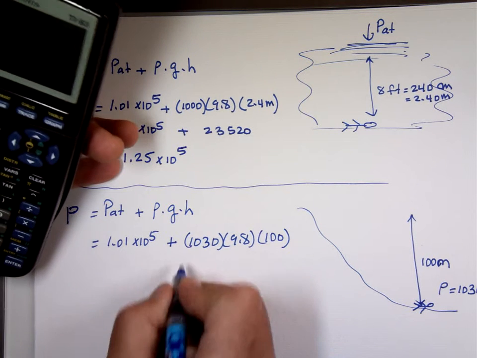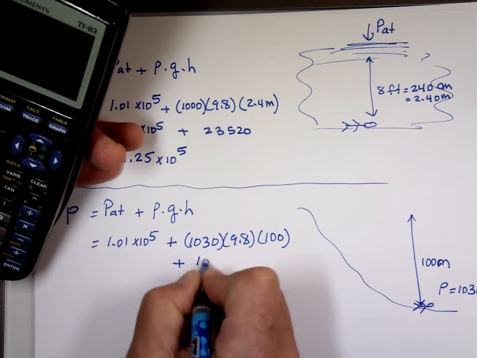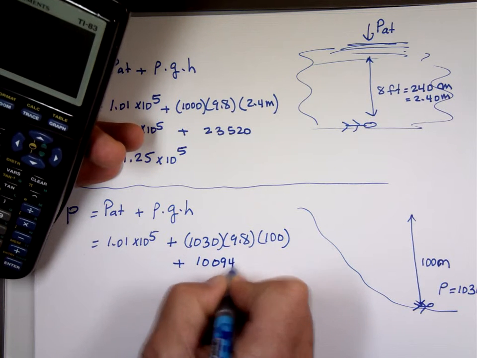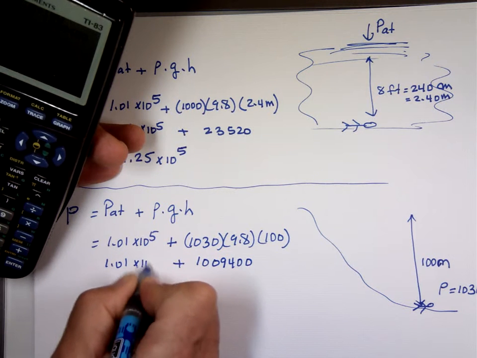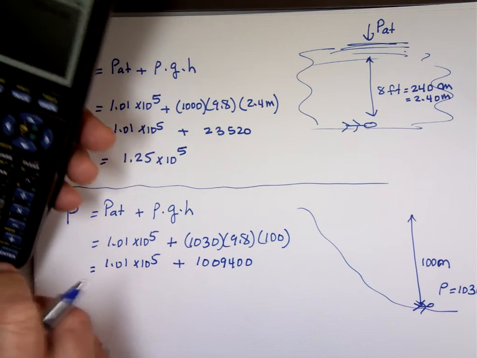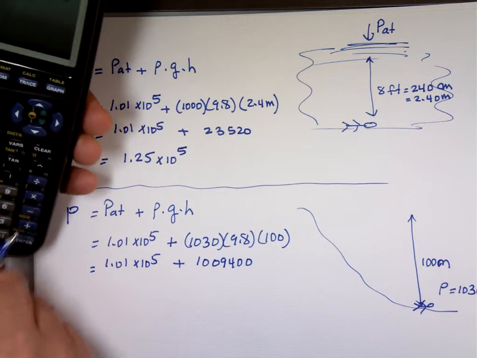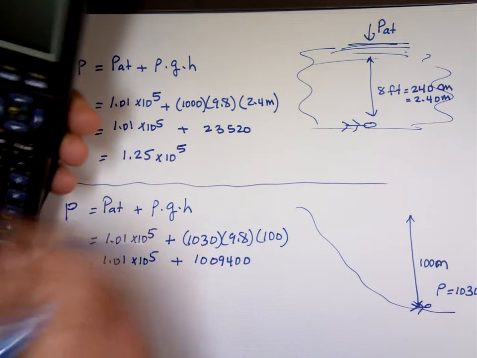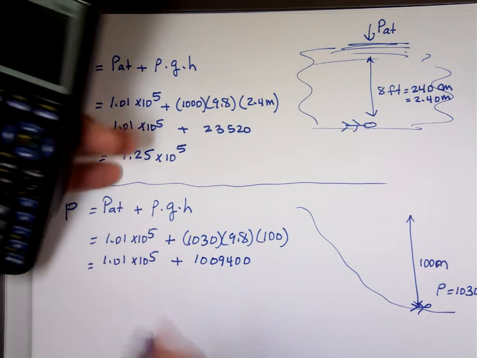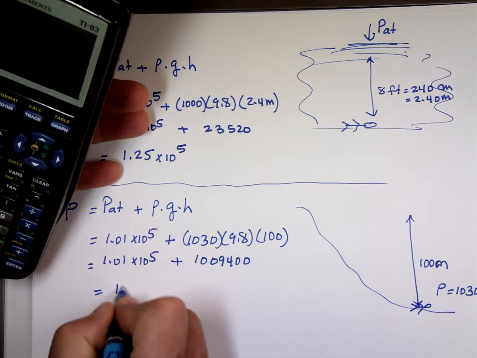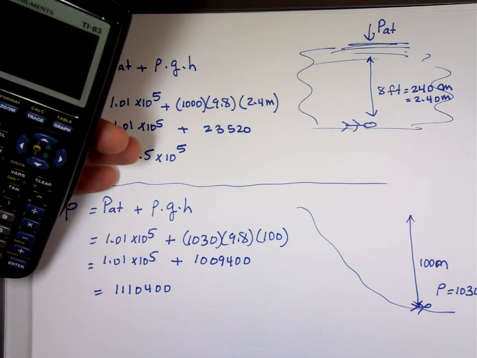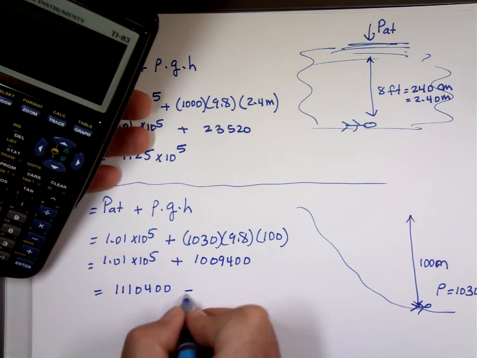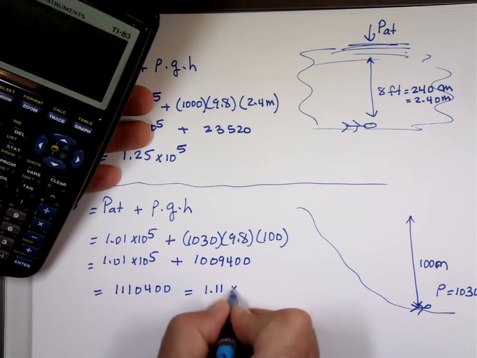Ready for this number? 1009400. Add to it 1.01 times 10 to the 5th. It's equal to 1110400, which is 1.11 times 10 to what power?